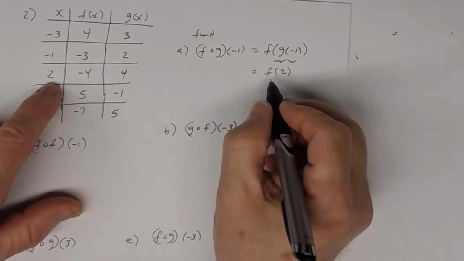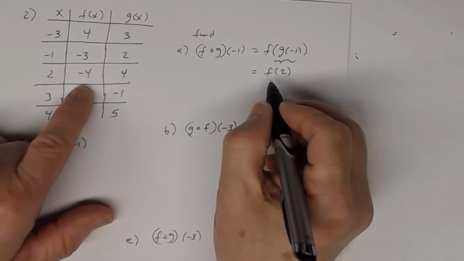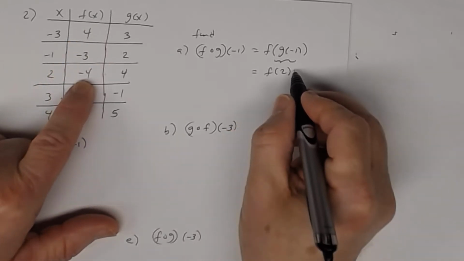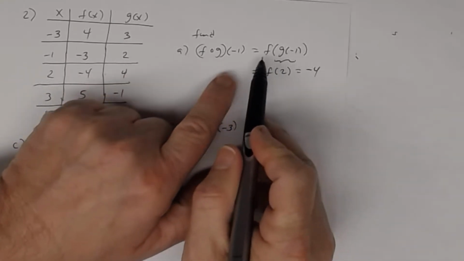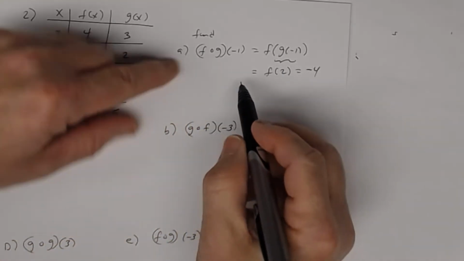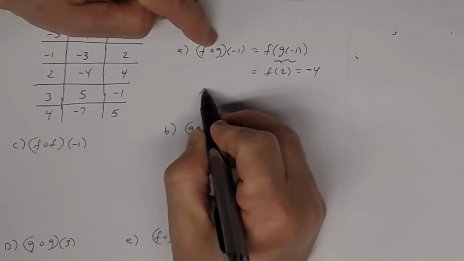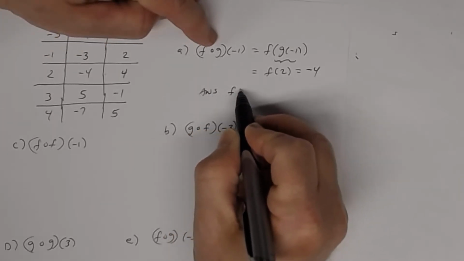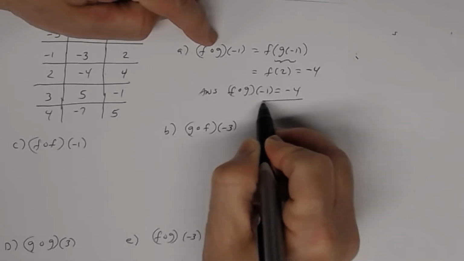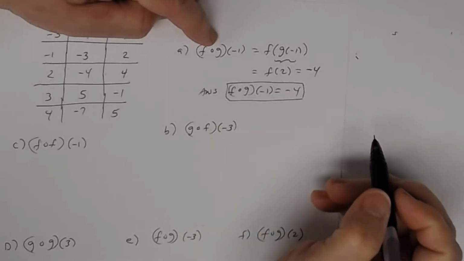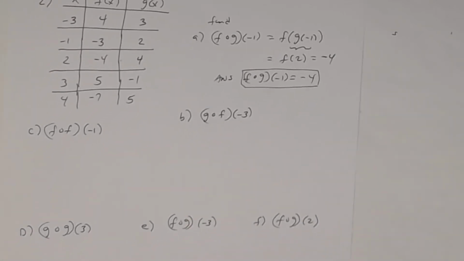When x is 2, my y value for f is negative 4. All these are equal, so in your answer, you're going to say f composed with g at negative 1 equals negative 4. Very simple, just like the previous example.